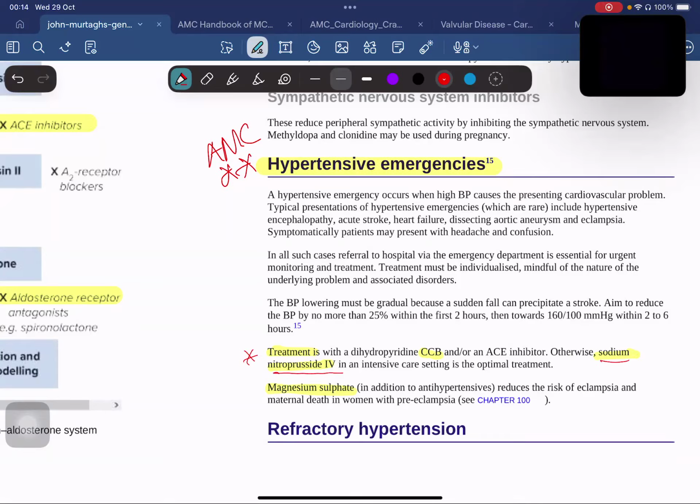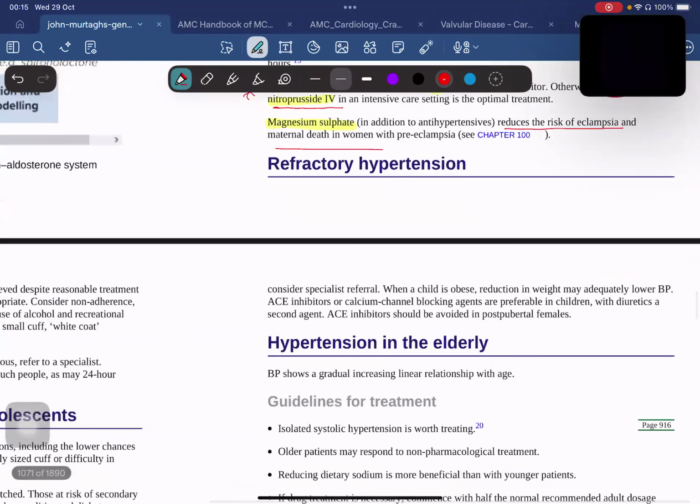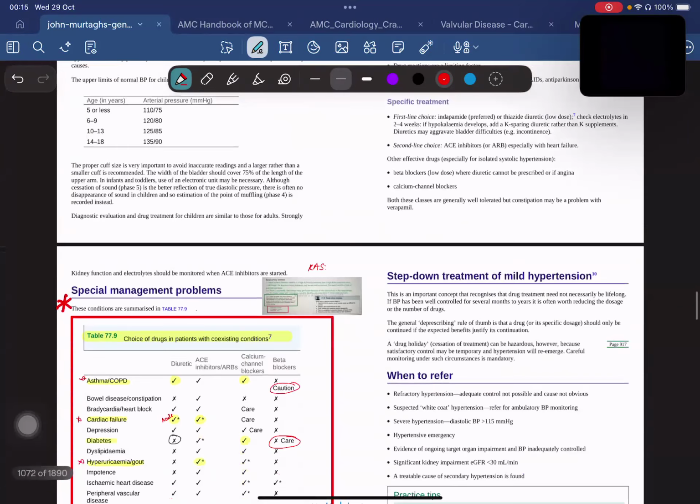And if it's a pregnant patient with a hypertensive emergency, you could go to magnesium sulfate. That's to reduce the risk of eclampsia and maternal death, for patients with preeclampsia. So I would say just read through and highlight the important parts.